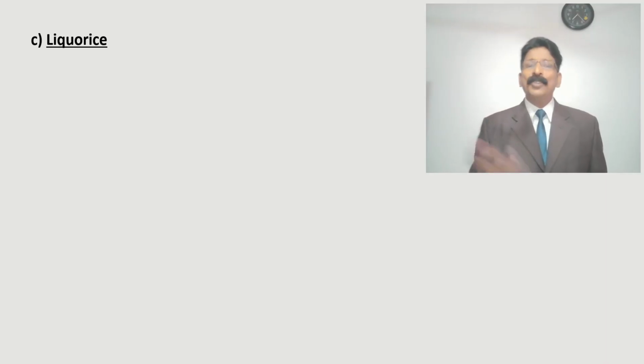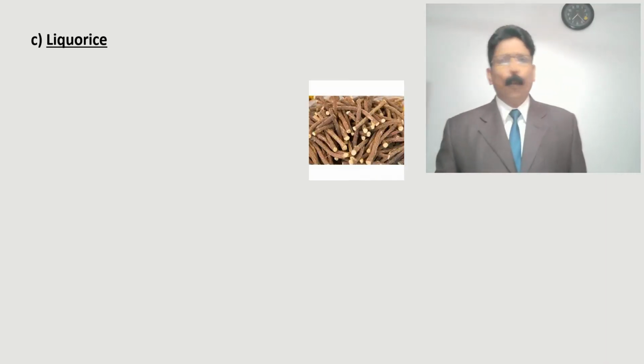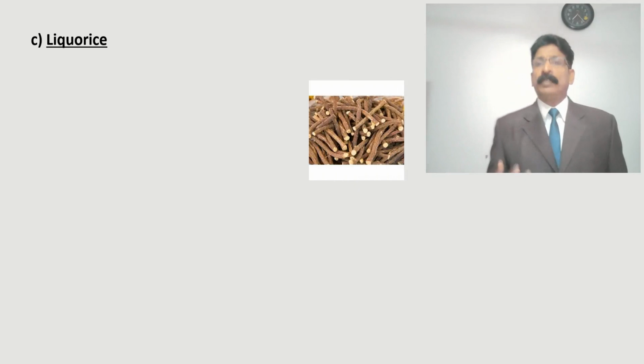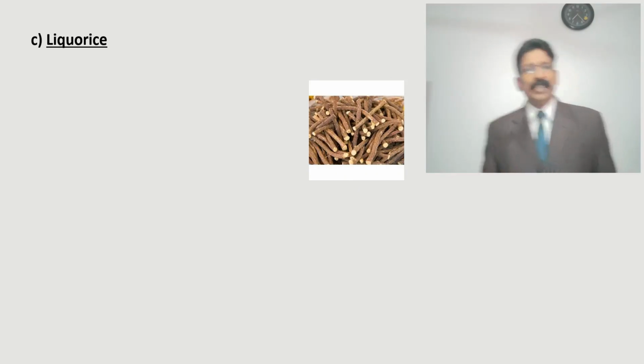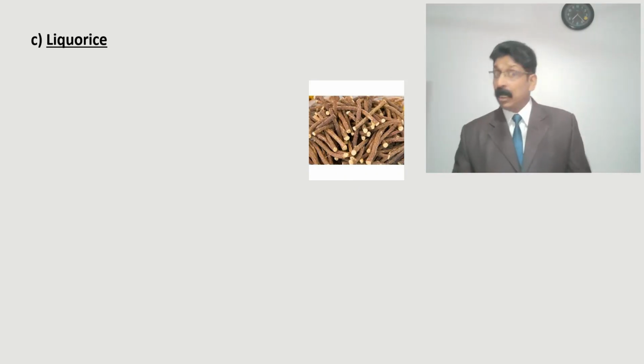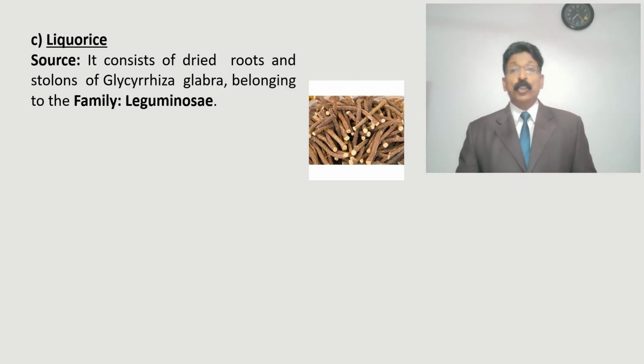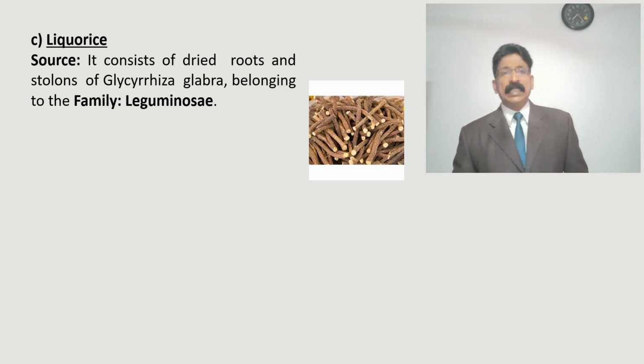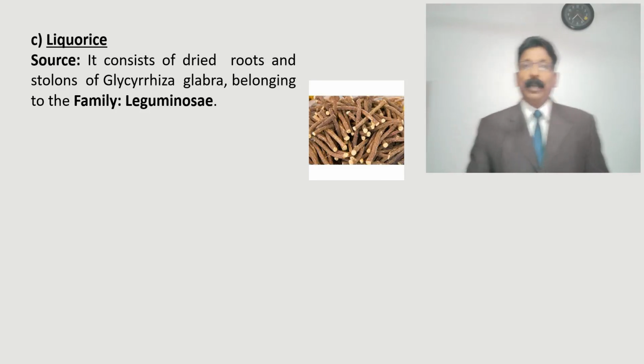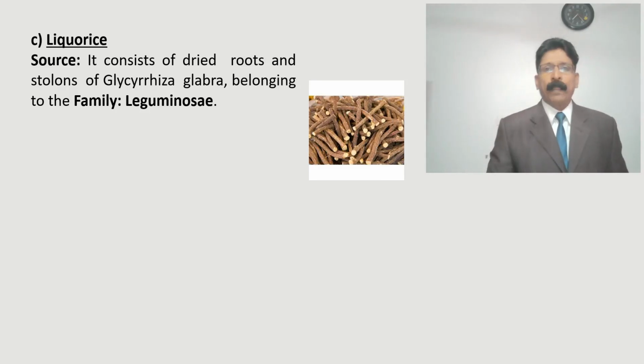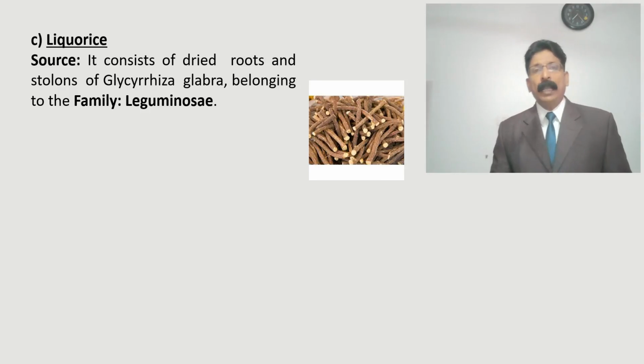Licorice, Adi Madiram, is very much useful in our traditional formulations and traditional medicine or complementary alternative medicine, Ayurveda, Siddha, and Unani. The source of licorice: it consists of dried roots and stolons of Glycyrrhiza glabra, belonging to the family Leguminosae.